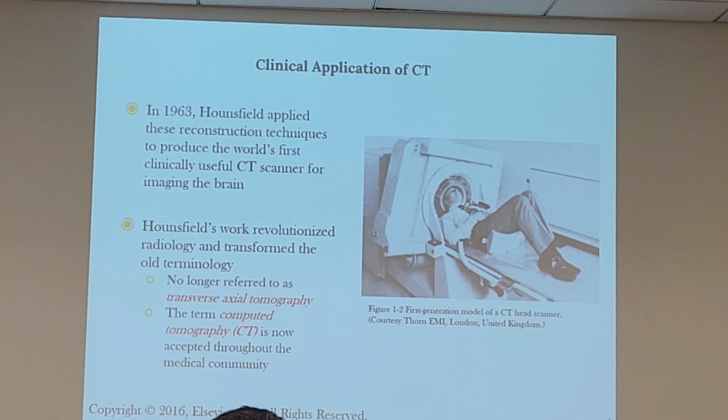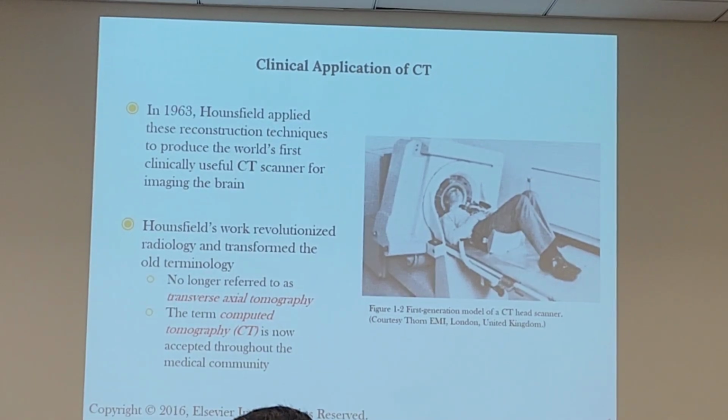So here is Mr. Hounsfield over in 1963 applying reconstruction techniques. This is the algorithms that we're talking about. This is the mathematical formulas that are taking that axial image and creating a coronal image. All through math. Or, oh, why don't you look me up a sagittal image?